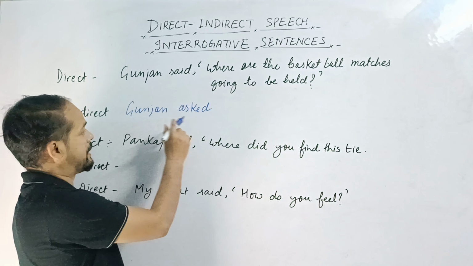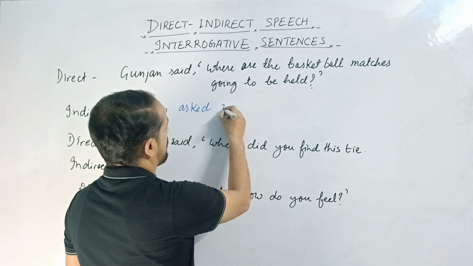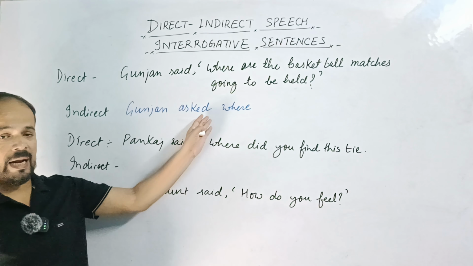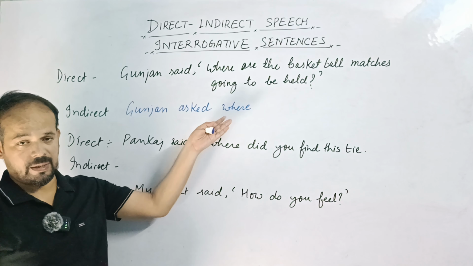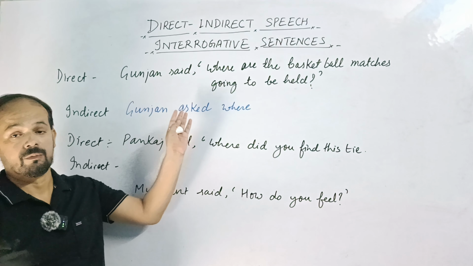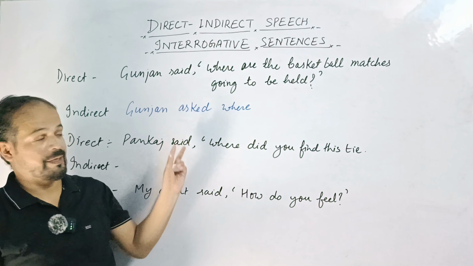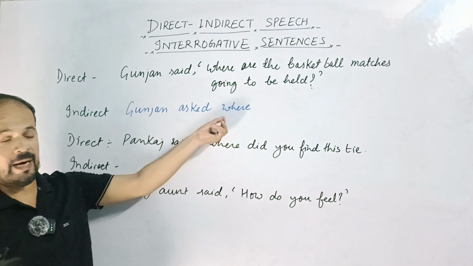Okay, that we can write Gunjan asked. We don't use any conjunction over here, as we use in case of statements, and I have also talked about the optative sentences. In that also we use that to remove the inverted commas. Okay, so here we will not use any that over there.